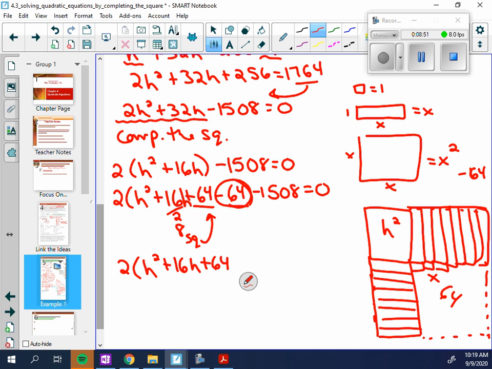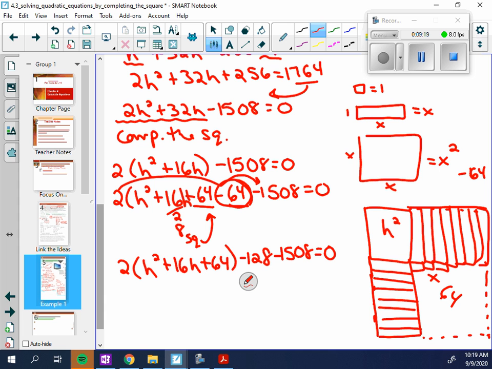But since this part here only represents 1 perfect square, and I know that I actually have 2 of them, agreed, I have 2 of them. So I don't just have a negative 64 on the outside. I have 2 times a negative 64 on the outside that has to come up. So I will have a negative 128 out there, along with that negative 1,508 that was already there.